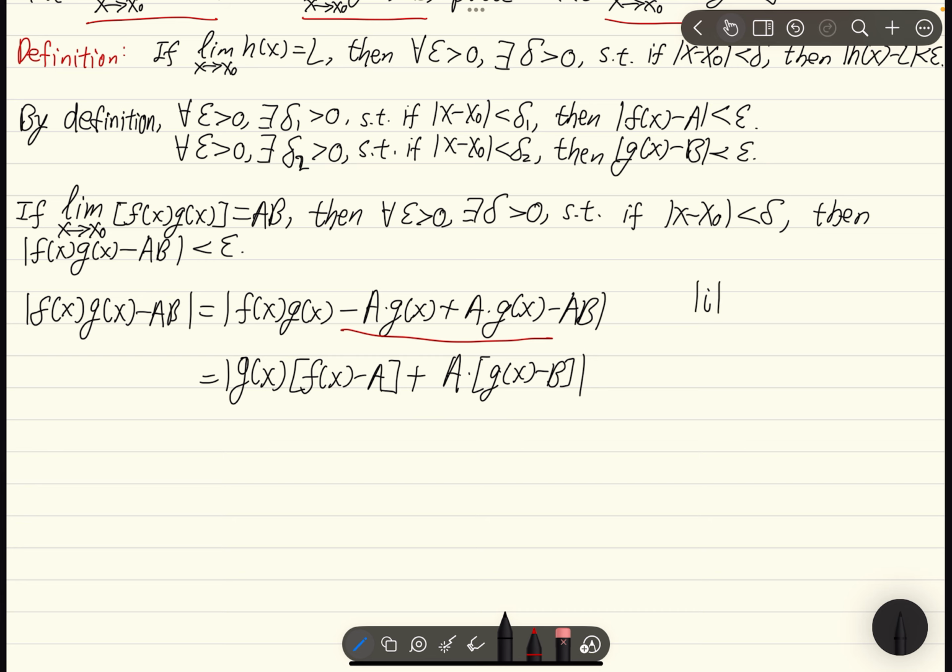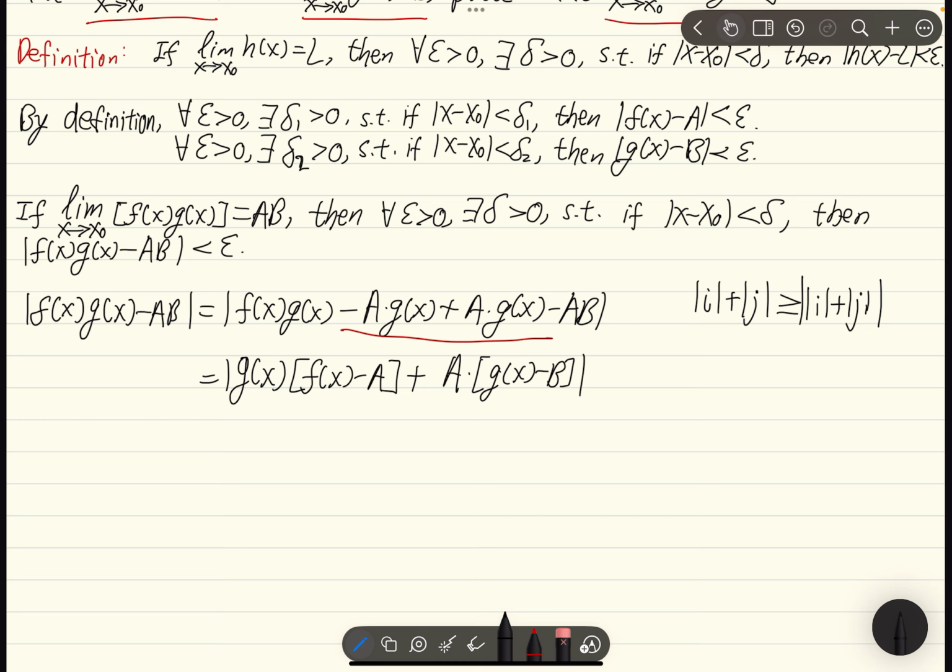So we have that the absolute value of i, because it's a distance, plus the absolute value of j is greater or equal to the absolute value of i plus j. So that's what we call the triangle inequality.